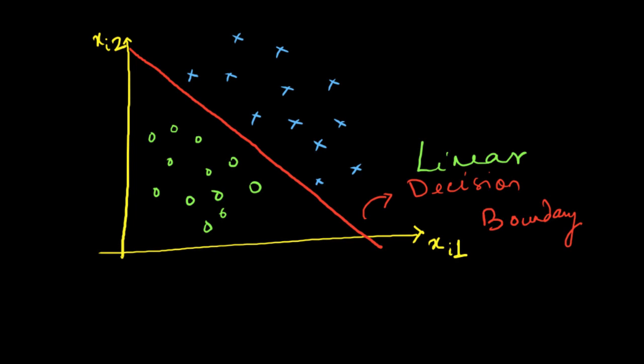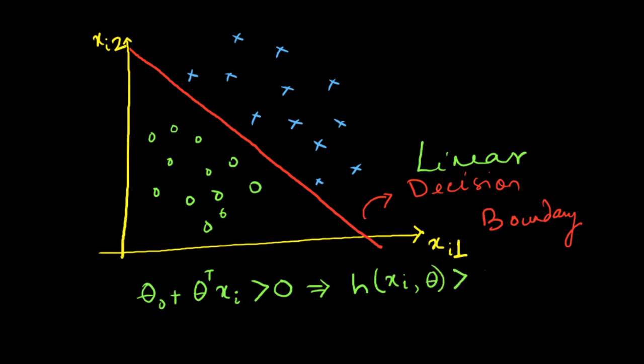So now basically what we do is that we have some input parameters and we have some model parameters that we want to learn, which we denote by theta. What we say is that if our theta naught plus theta transpose xi is greater than 0, then we must have our function h, which is a function of xi and theta, to be greater than 0.5.